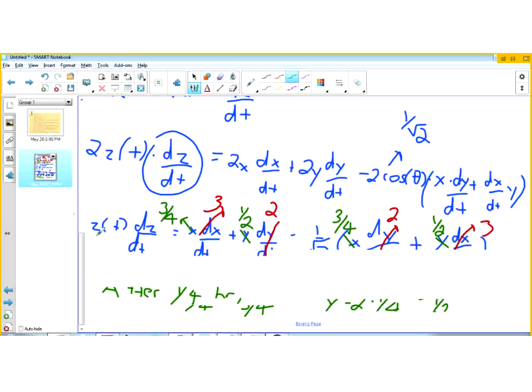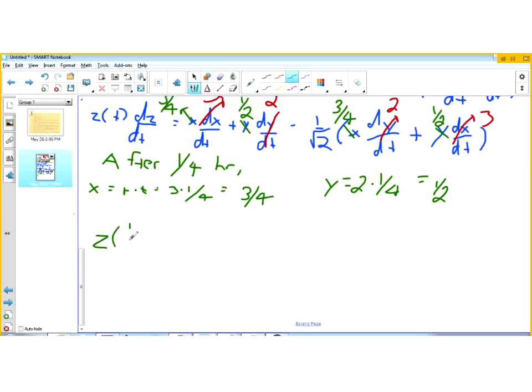So the only thing left would be to solve for z of t. After 1/4 of an hour, we want to know the distance separating the two guys.